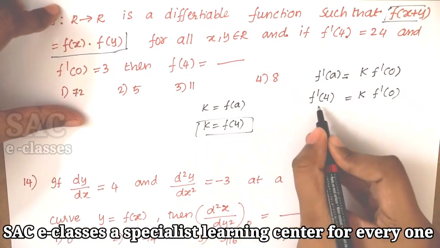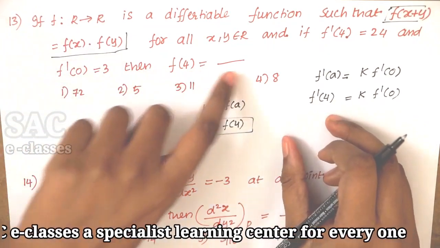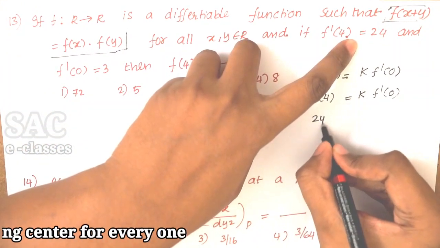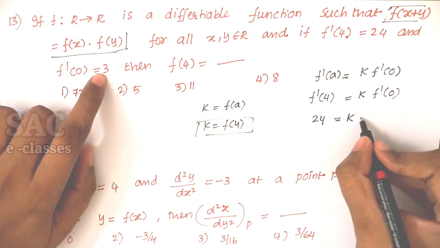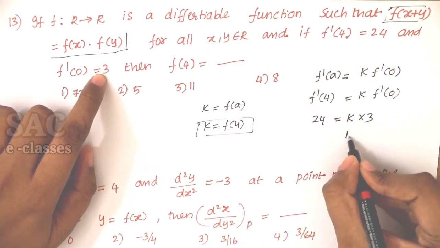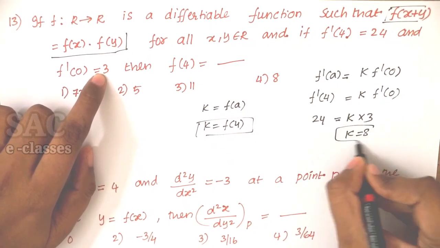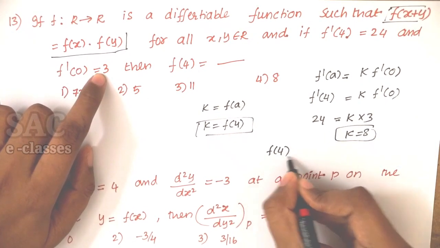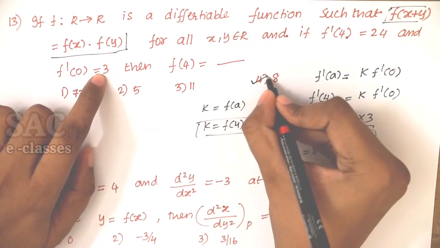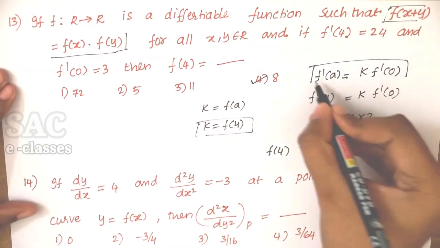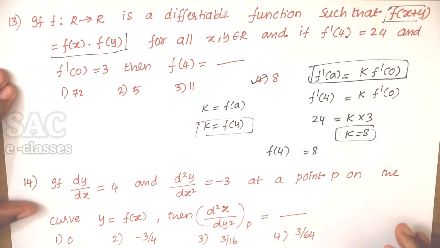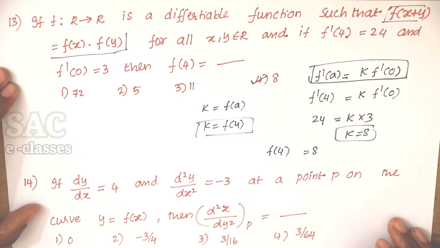Already they have given what f dash of 4 is. F dash of 4 value is 24, which is equal to k into f dash of 0, which is equal to 3. K value is 8. So f of 4 value is equal to 8. As simple as that, by using this identity, f dash of a equal to k into f dash of 0.